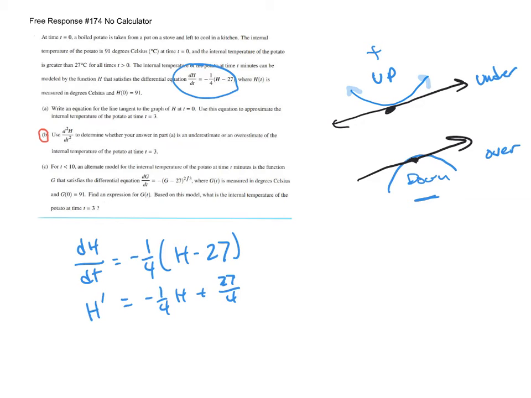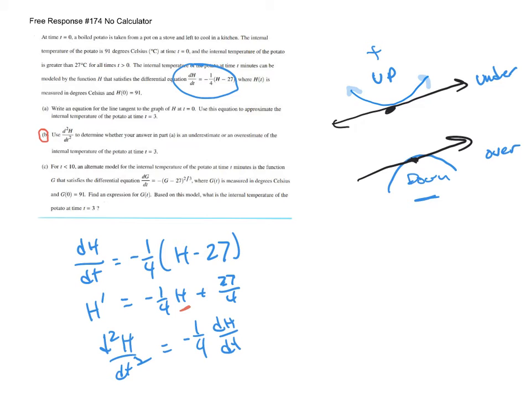Remember that this is not an explicit function. This thing's defined implicitly. In other words, we've got y stuff over here. So when we're doing the derivative, we're trying to find the second derivative, which is h double prime. We take the derivative of negative 1/4 h, which is negative 1/4, but then we have to multiply by the derivative of h prime, or in the notation of Leibniz here, dh over dt.